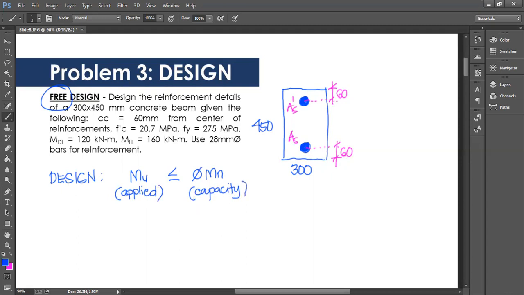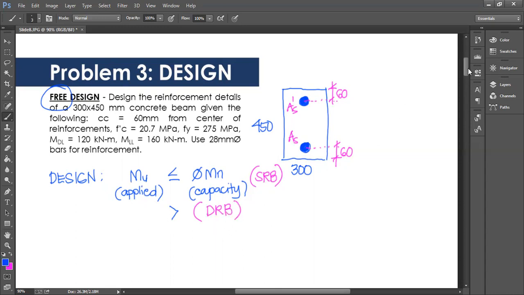Or we should say na ito yung allowable loading natin. This case is for singly reinforced beams. Pero what if ang reinforcement natin ay double? Magiging double lang siya if yung MU is greater than phi Mn. So kapag greater than, punta tayo sa doubly reinforced beam.